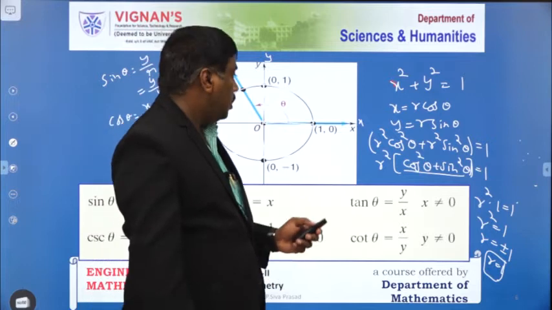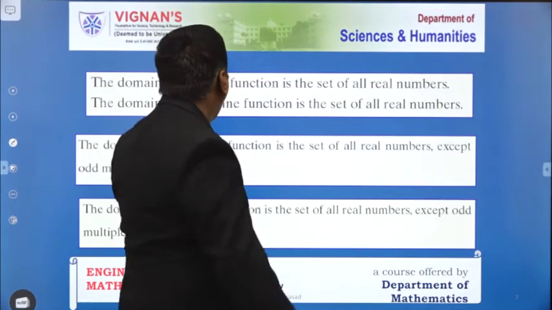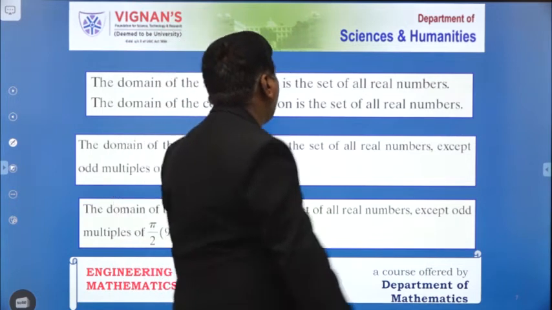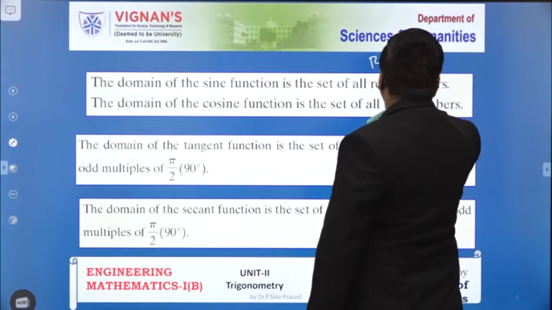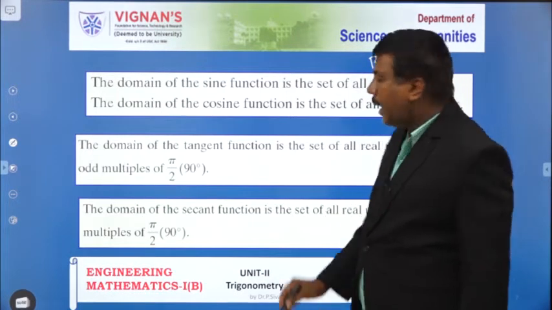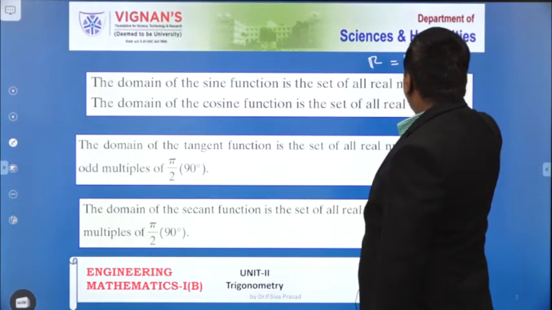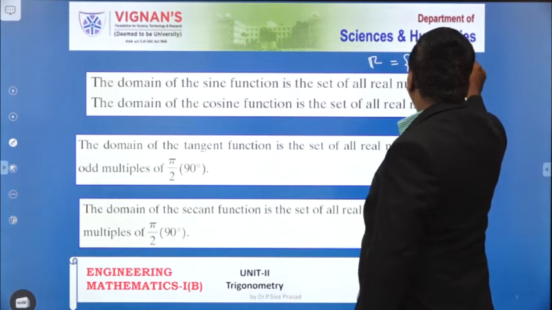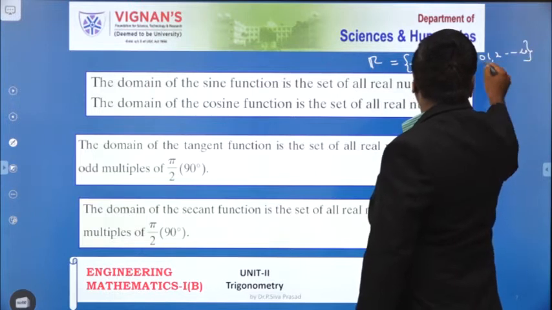So in that, the domain of the sine function is the set of all real numbers. The set of all real numbers is always represented by the capital letter R. Please all of you keep that in mind. In it, the values are minus infinity to minus 2, minus 1 and 0, 1, 2 and plus infinity.